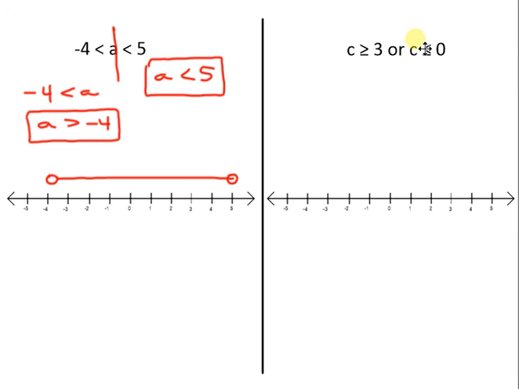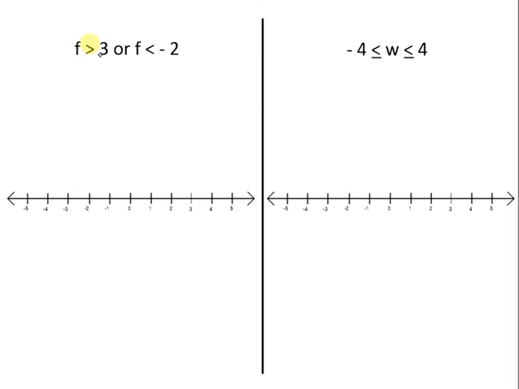All right, over here I have an or statement. So I have c is greater than or equal to 3. That's going to be a closed circle, and it's going to the right. And then I have c is less than or equal to 0, and that is going off to the left. And they are both closed circles because of the symbols.